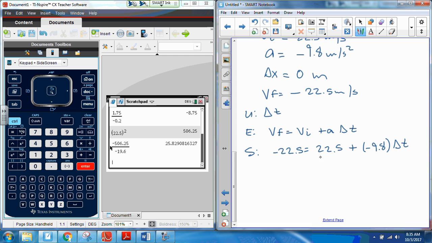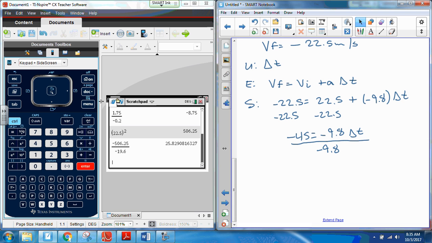So the opposite of addition is to subtract. So minus 22.5 minus 22.5 should be negative 45 equals negative 9.8 delta T. What's the negative 9.8 doing to the delta T? It's multiplying, so we need to divide by negative 9.8.